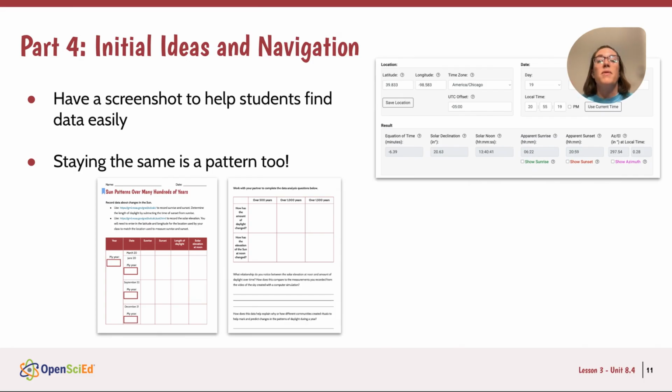We want to know the pattern you see month to month. Is that the same over 500 years, 1,000 years? Kids kind of crisscross and mix up those two things. So having that conversation to point out, is the pattern of sunlight staying the same over 500 years, 1,000 years, not what is the pattern over the course of 1 year.